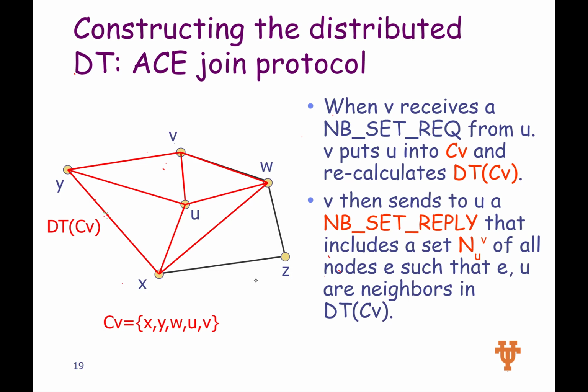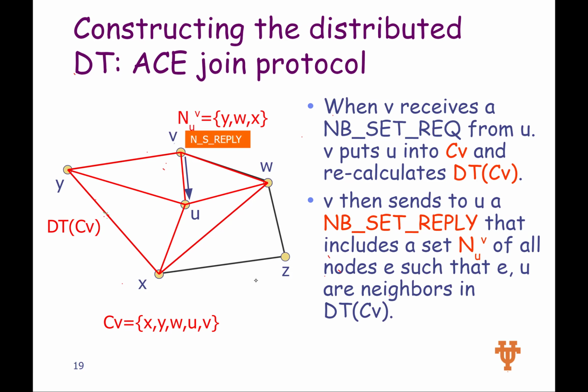All right. And V also will tell U by sending a neighbor set reply saying that, all right, here are your DT neighbors from my perspective. From V's perspective, U's DT neighbors should be Y, W, and X, and of course, V itself, right?